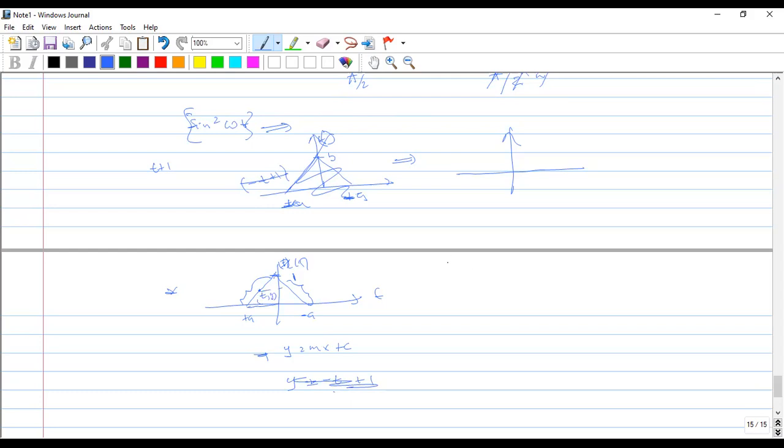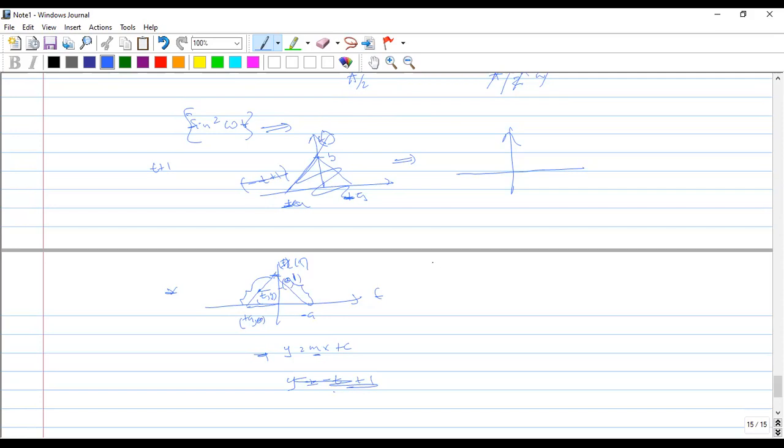Then you can equate the gradient to find the equation of this line. This point is (minus a, 0) and this is (0, 1).